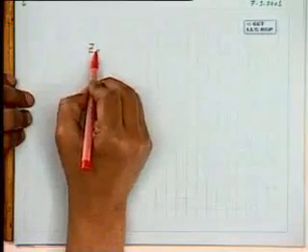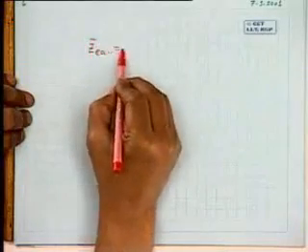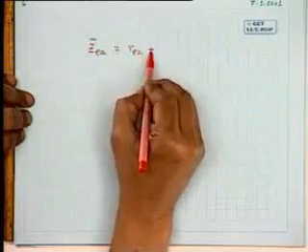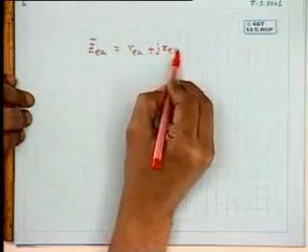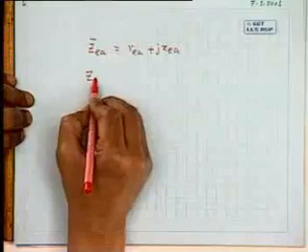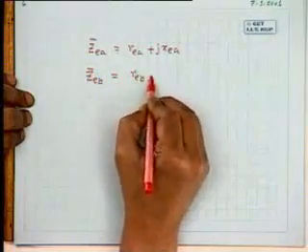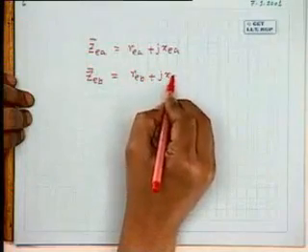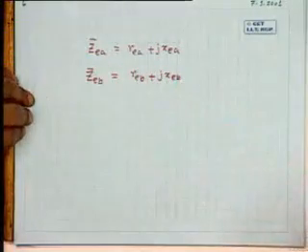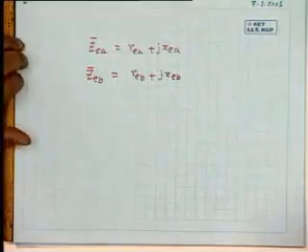Now after doing this, we come to the conclusion that suppose transformer A, ZA is equal to RA plus jXA, and ZB bar equal to RB plus jXB.